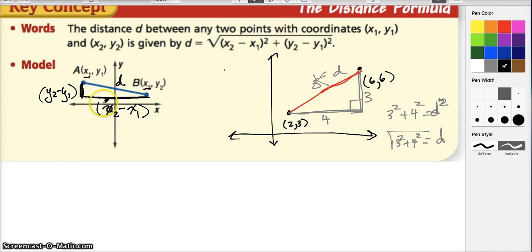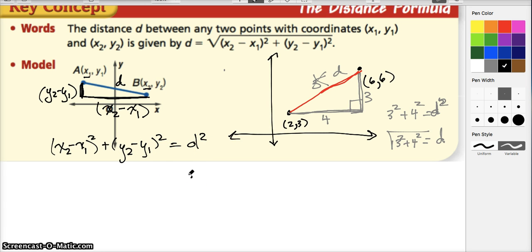Does that make sense? So we've got the horizontal distance and the vertical distance, and this is like a squared plus b squared equals c squared. Or the difference between the x's squared plus the difference between the y's squared equals d squared. And you know how this is going to go.